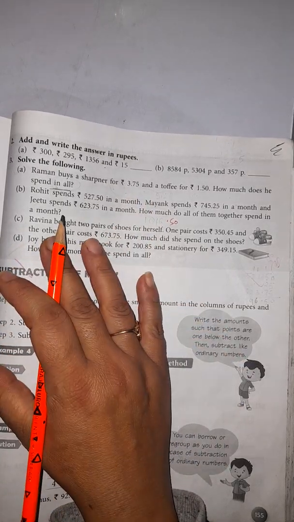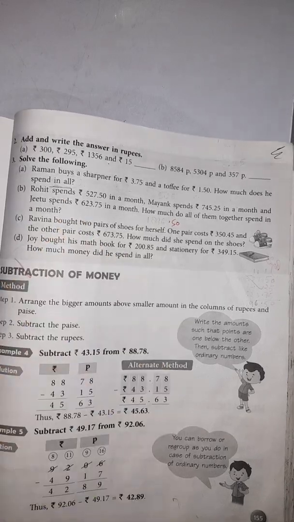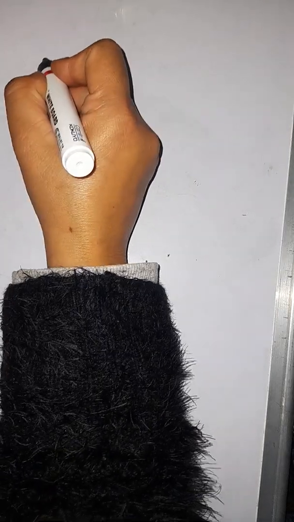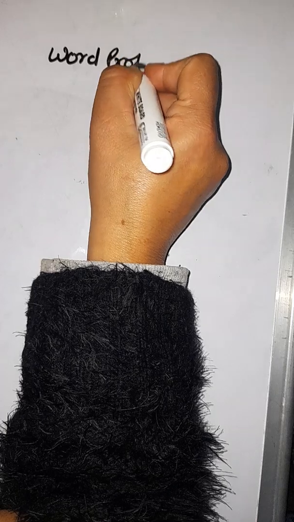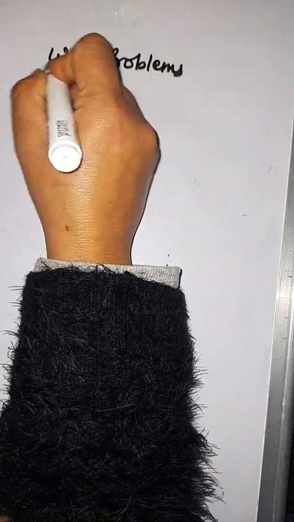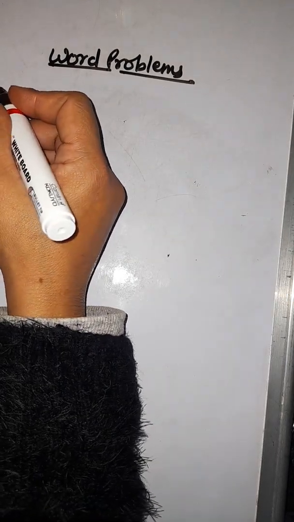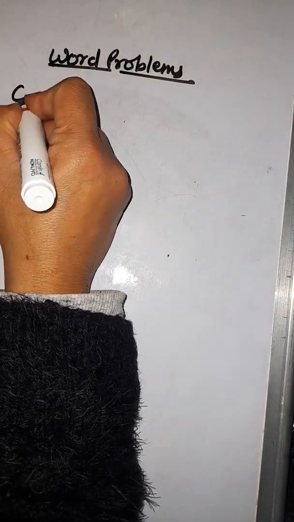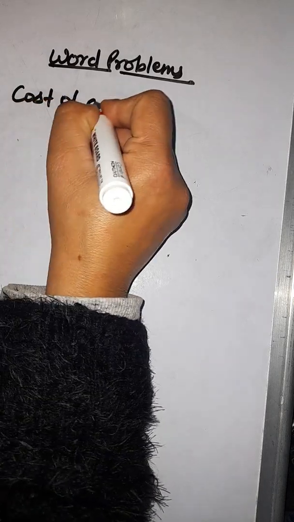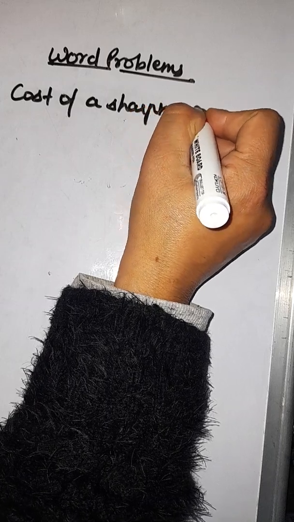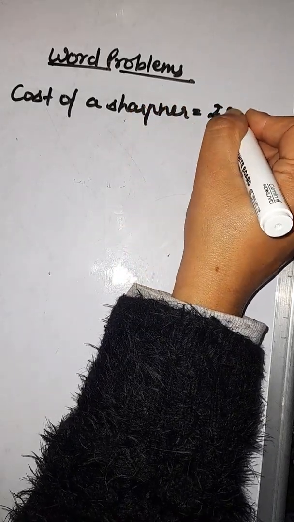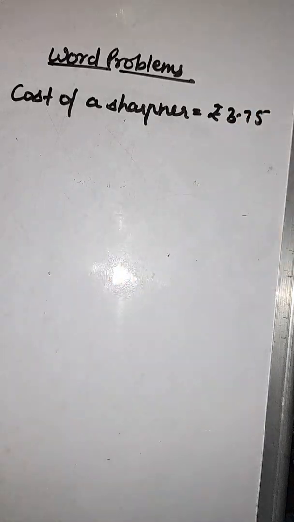So first of all, we'll write the statement here. Okay, students. First, we'll write word problems. Okay. The first statement is cost of a sharpener is equal to rupees 3 and 75 paise.